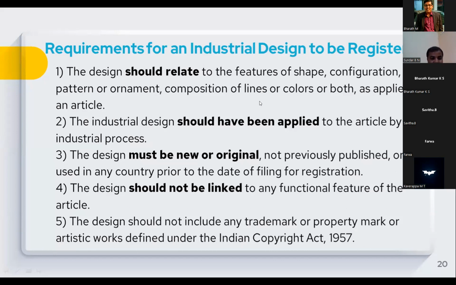Complete specification means when you complete the whole thing, only then are you eligible to apply. Provisional means when you get some ideas in your mind, then you can apply. But in industrial design, when you merely get an idea, you are not entitled to registration; you should apply it to an article or industrial process.